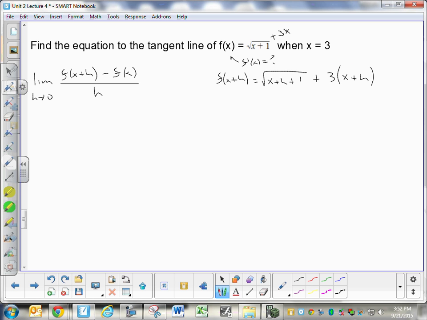It's important to make sure you plug x plus h in for x everywhere, not just at one location. Okay? So now I will go ahead and substitute this in for f of x and f of x plus h.